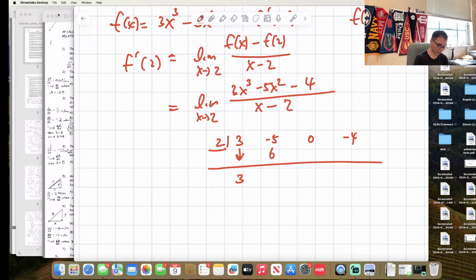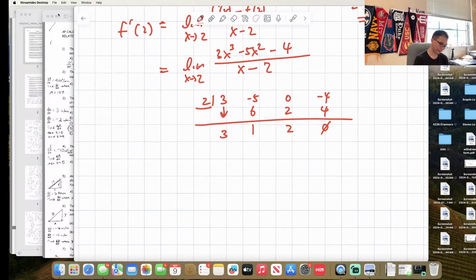3, negative 5, but you must have a placeholder because there was no 0x here, and there's a minus 4. So I can drop the 3. 3 times 2 is 6. That's 1. 1 times 2 is 2. This is 2. 2 times 2 is equal to 4. That's 0. So if you divide by x minus 2, you end up with 3x squared plus x plus 2.